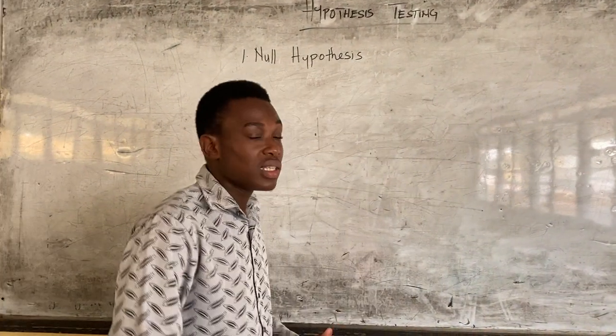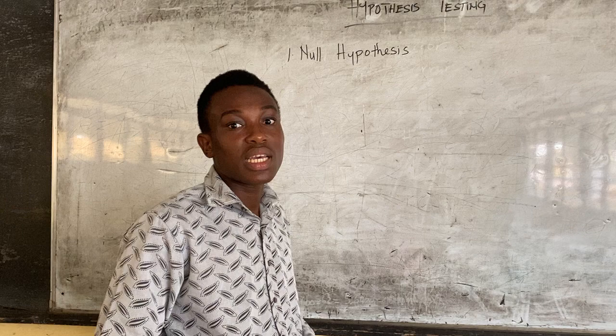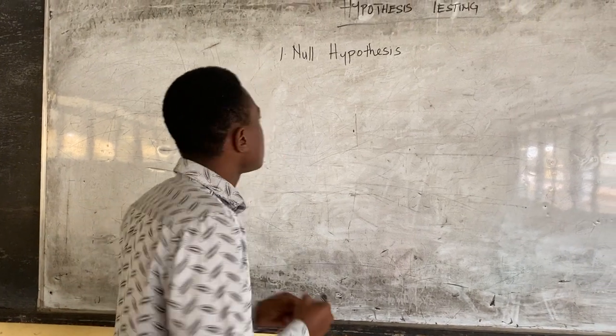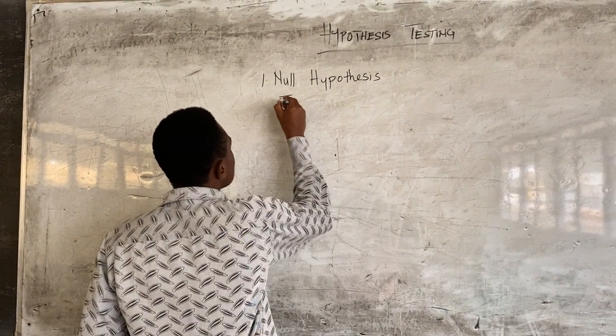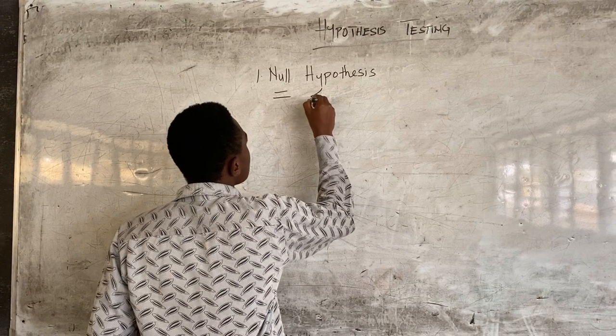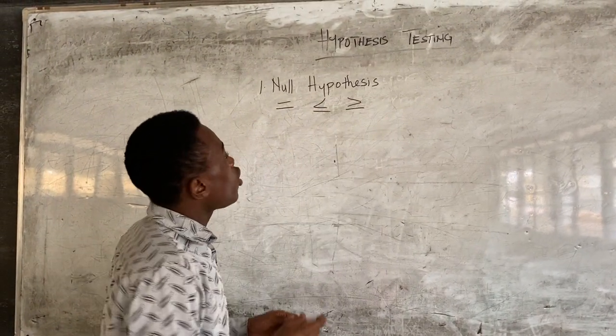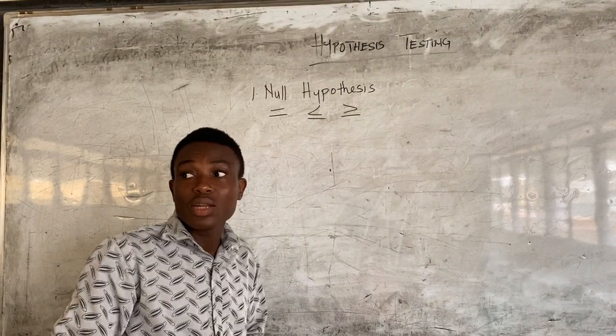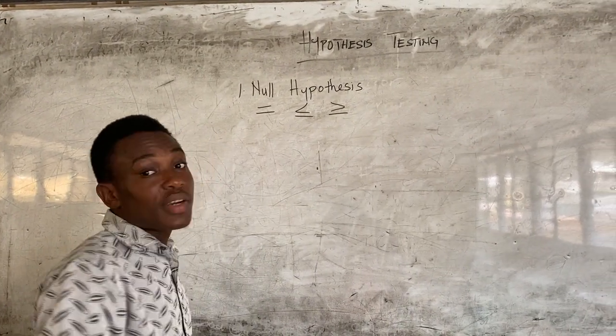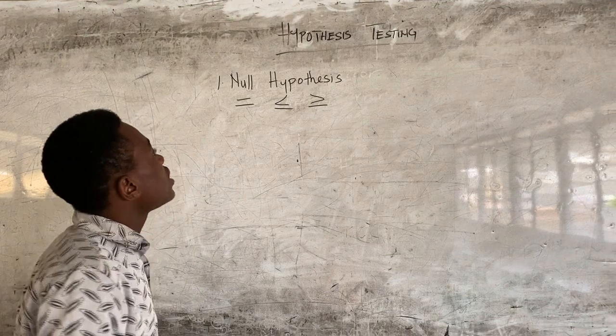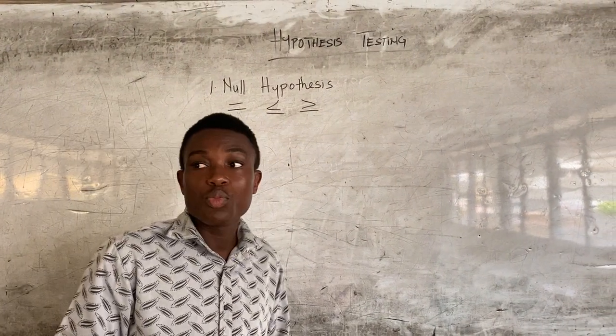With that being said, the null hypothesis uses the equality operational signs. So we have the equal to here, we have the less than or equal to, and then the greater than or equal to. So the null hypothesis uses the equality operational symbols.